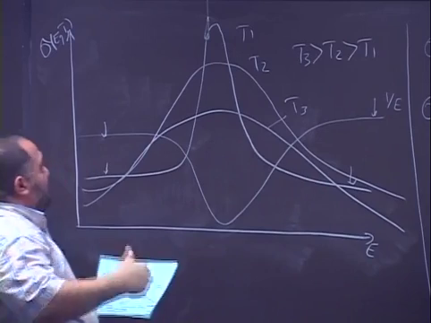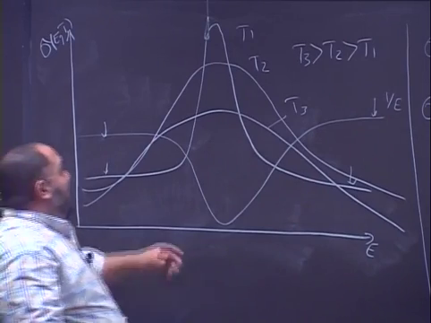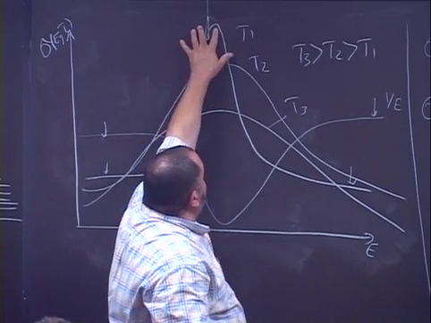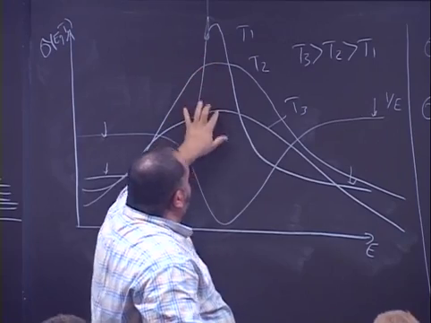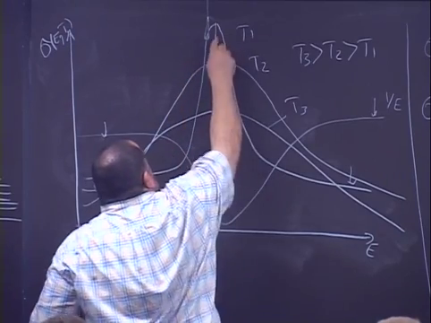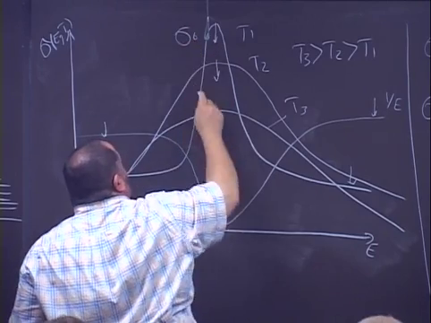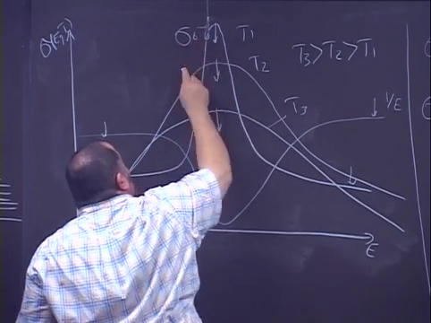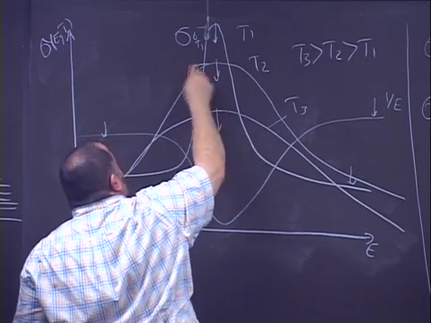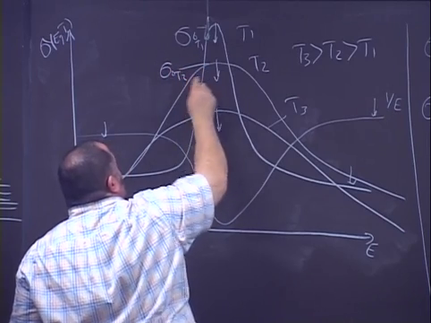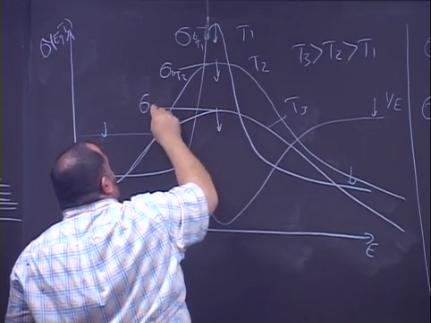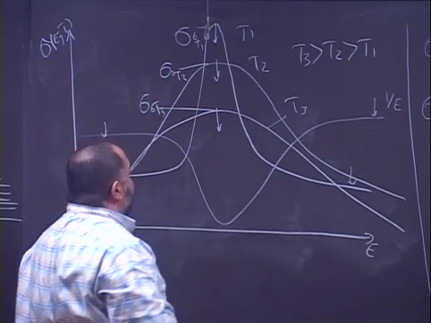As you increase the temperature, the value of the cross-section at the resonance will go down.